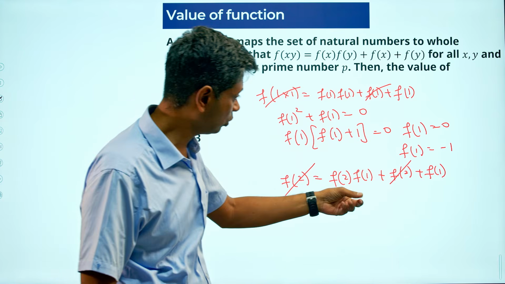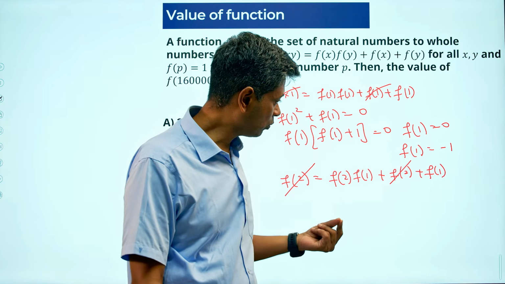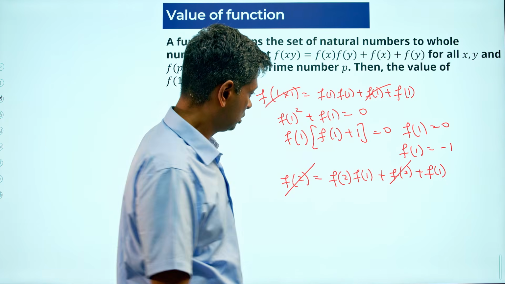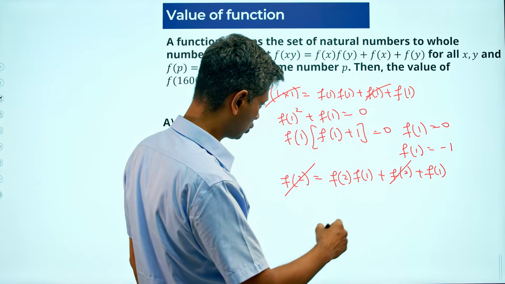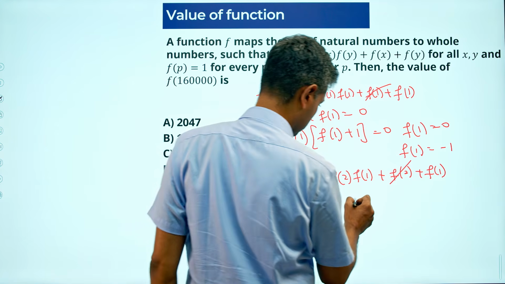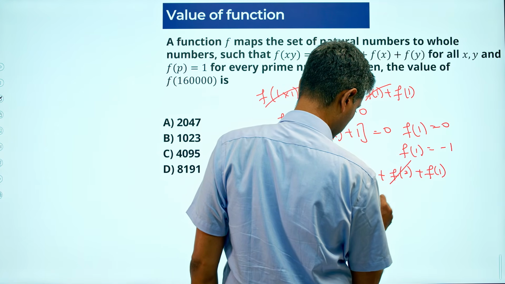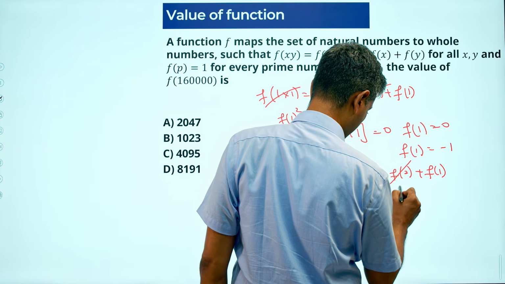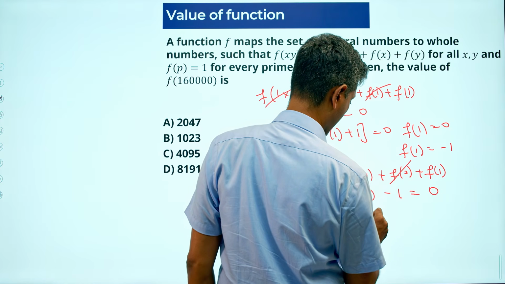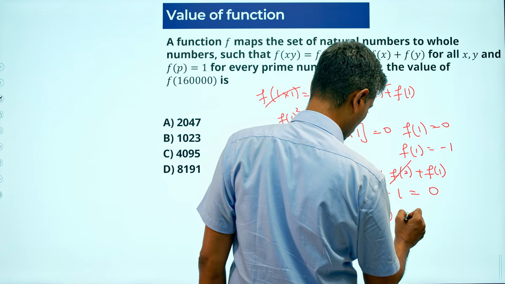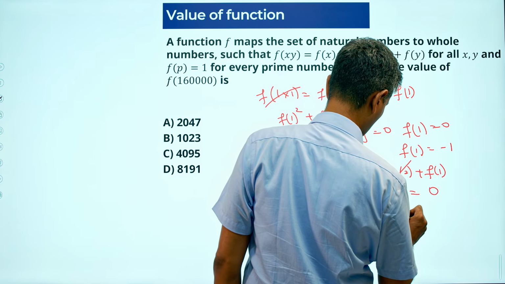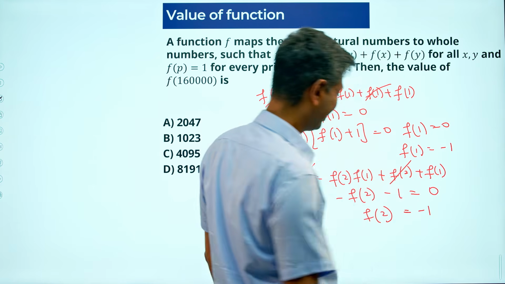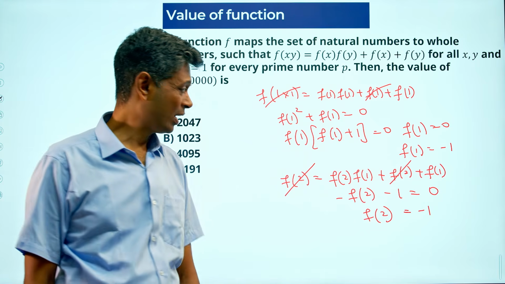If f of 1 were 0, this will work. If f of 1 were minus 1, then f of 2 would also be minus 1. That's not the case. So f of 1 is 0, f of 2 is 1.